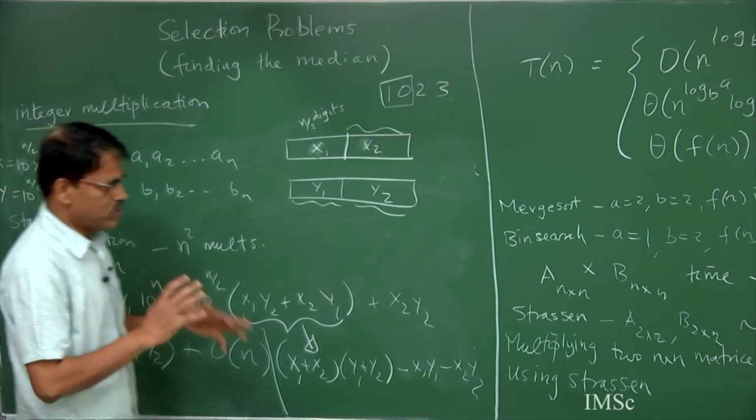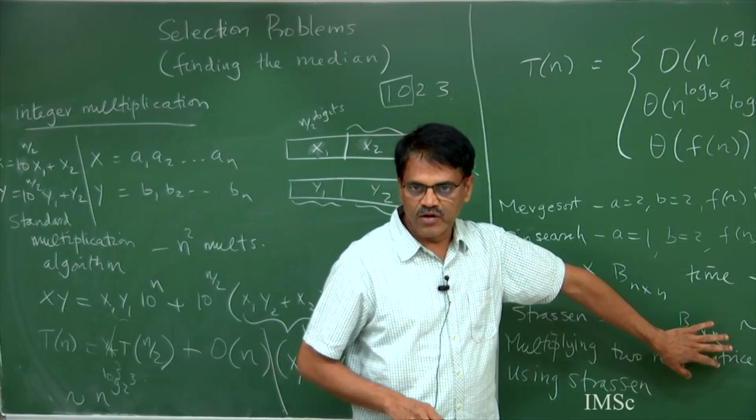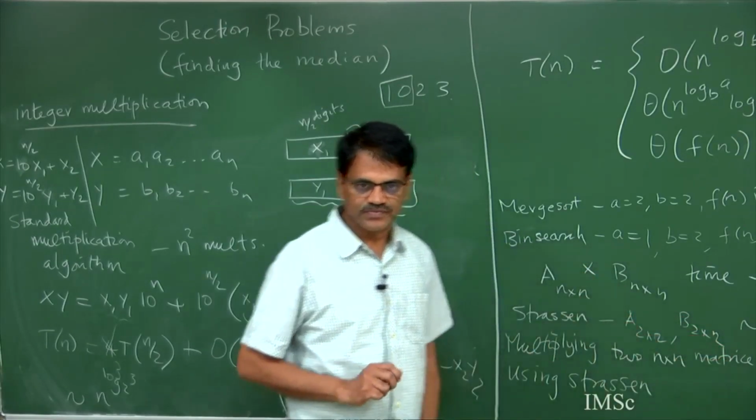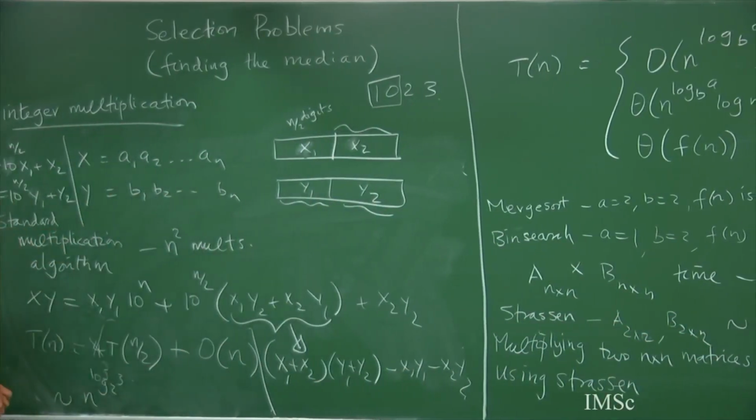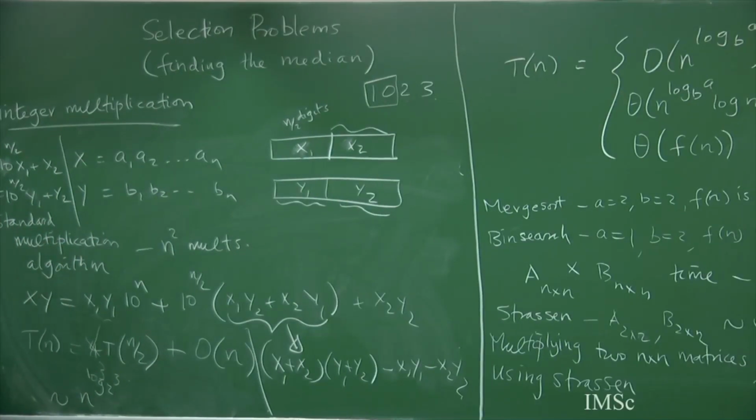It is like what Strassen did for multiplying 2 by 2 matrices. So that is just a quick revision of something hopefully you have seen, master theorem solution and some classic examples of divide and conquer algorithms.